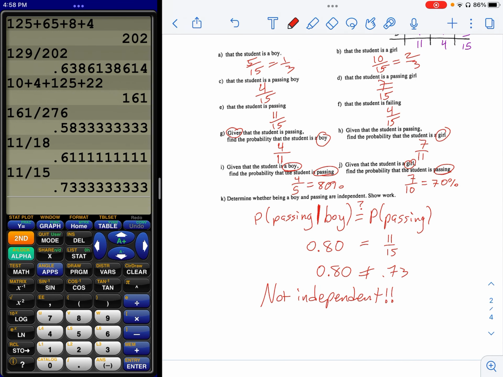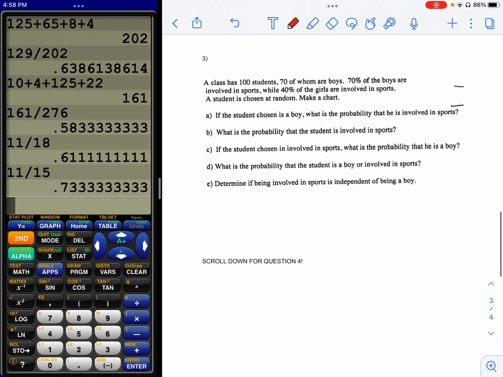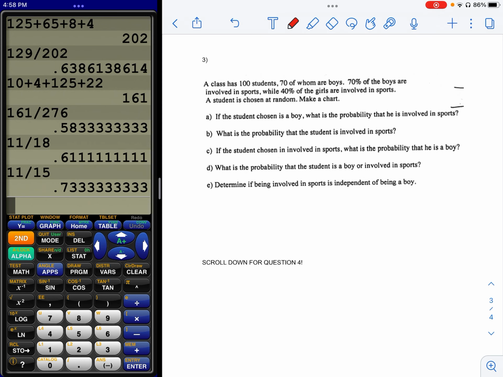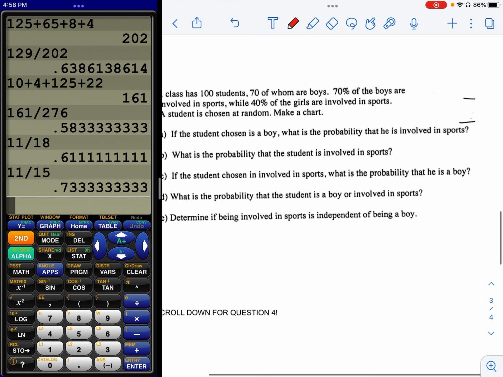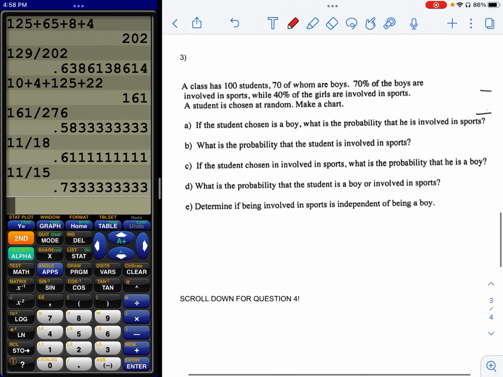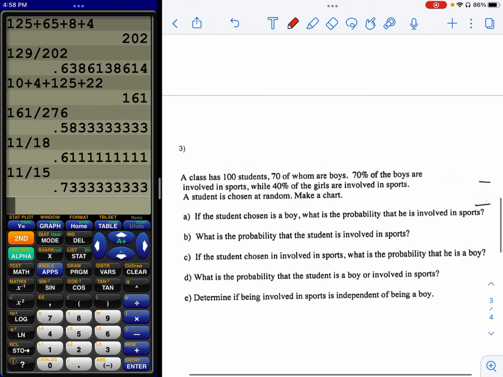All right. Next, we have a class with 100 students, 70 boys. Let me make another chart for this one. Up here. Let's get off the color red. Don't like it. So boys, girls.